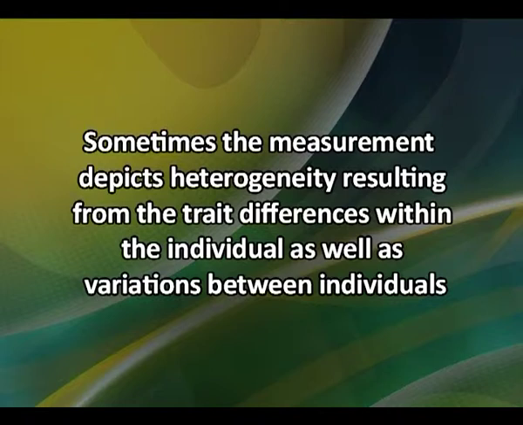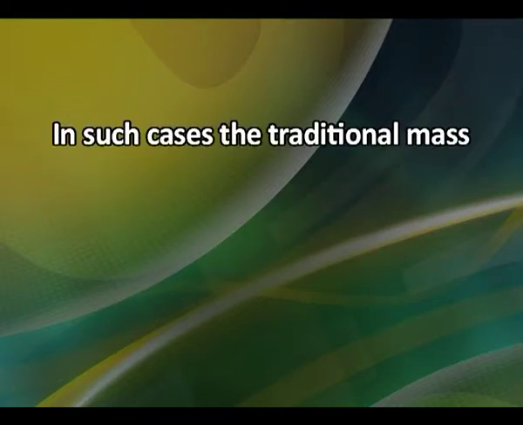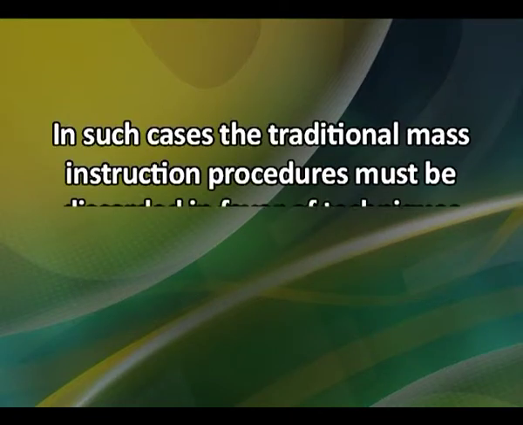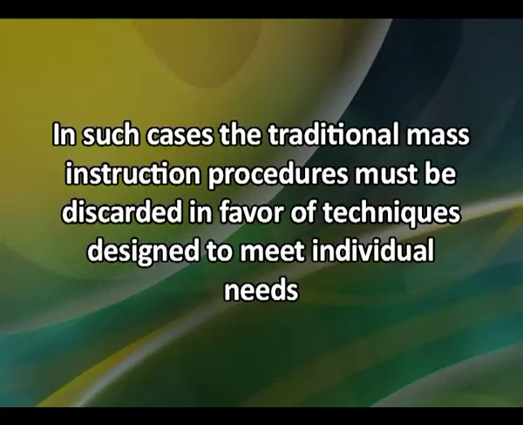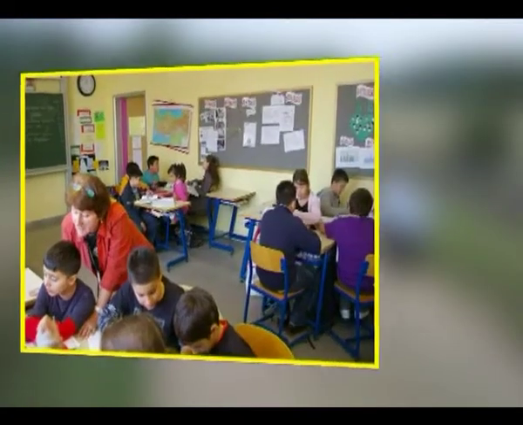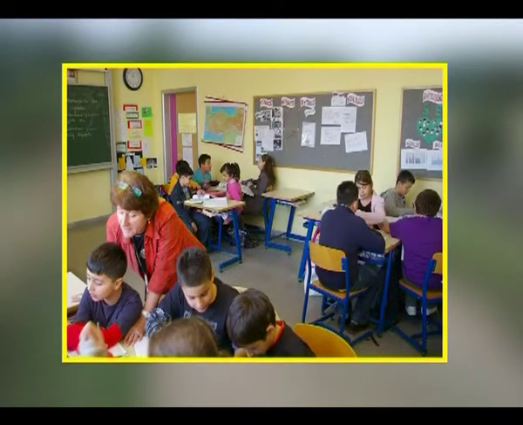But sometimes the measurement depicts heterogeneity resulting from the trait differences within the individual as well as variation between individuals. In such cases, the traditional mass instruction procedure must be discarded in favor of techniques designed to meet individual needs. Grouping within the class on the basis of achievement in specific learning areas is one of the most essential procedures in meeting individual needs.